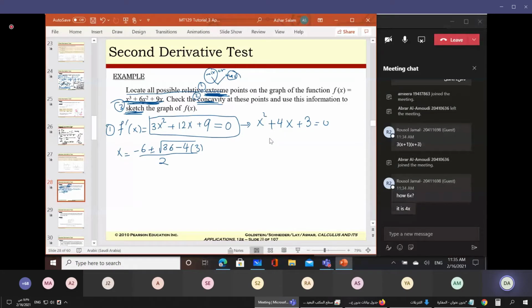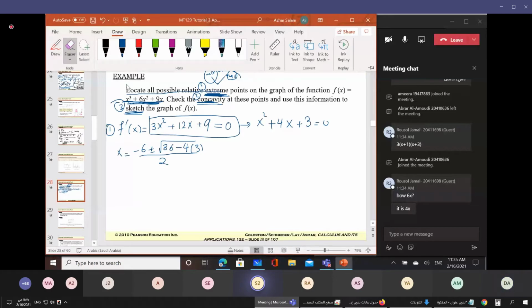Can we factorize? It will be 3 and 1, so x plus 3 and x plus 1.